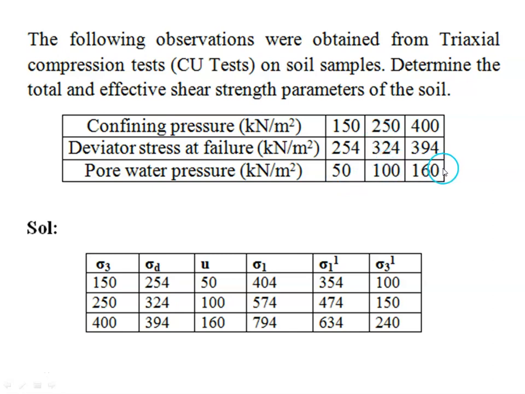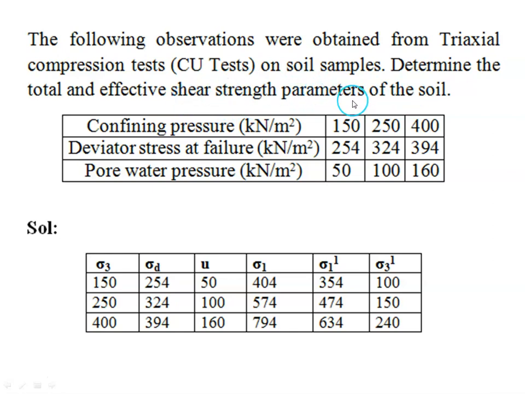First, we have to find the effective stresses. It is asked to find the total and effective shear strength parameters. How do we find them? What are the total shear strength parameters? C and phi. What are the effective shear strength parameters?